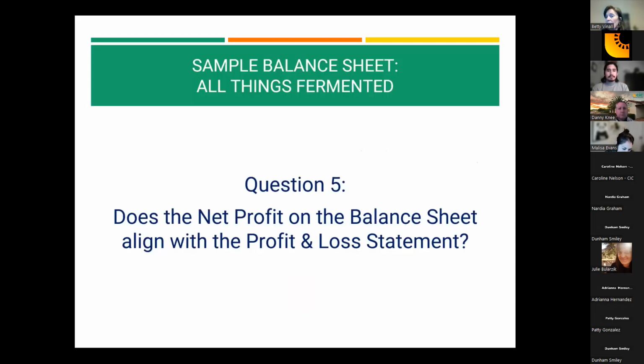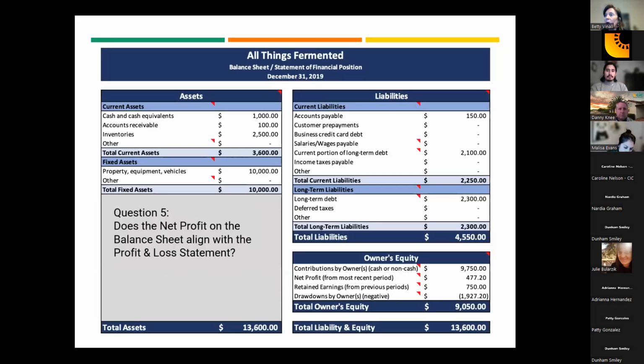Now, the other thing we want to make sure is that the net profit on the balance sheet aligns with your profit and loss. And this is something that you always want to check and make sure that you have the 2 documents working together. So here we have All Things Fermented, again, their balance sheet.